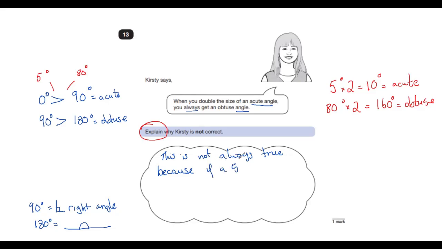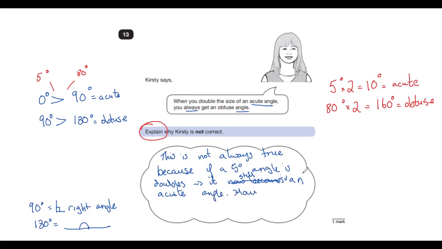if a 5 degree angle is doubled, it still is an acute angle.